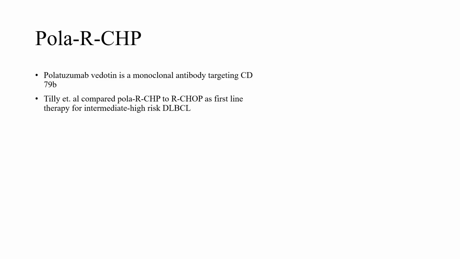And importantly, this did include double or triple hit, as well as double expressor lymphomas. CNS patients were excluded, and this compared 6 cycles of Pola-R-CHP versus 6 cycles of R-CHOP with an additional 2 cycles of rituximab alone. So if you think about it, in this regimen, the polatuzumab essentially replaces the vincristine, which is the O in R-CHOP.